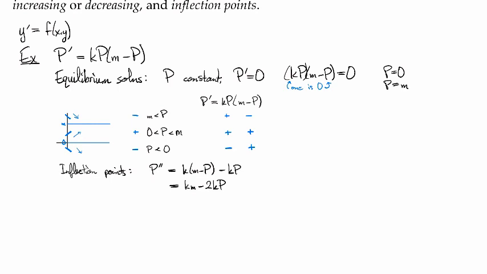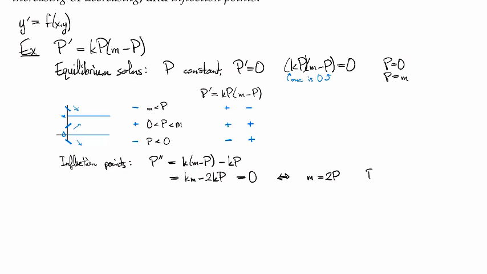k is a positive constant, so this is going to be equal to 0 if and only if we have m equal to 2P, or P equals m over 2. So we go back to the figure and say we have inflection points along this line right here, m over 2.